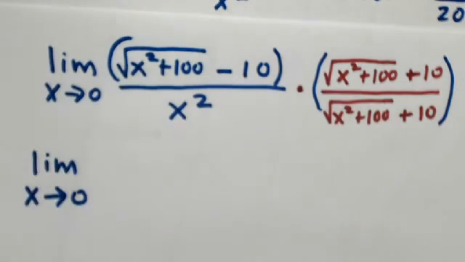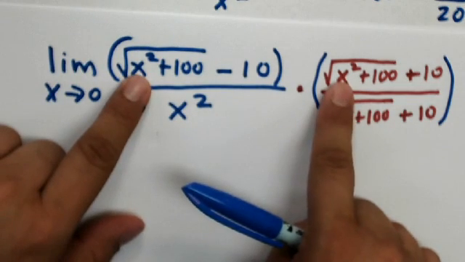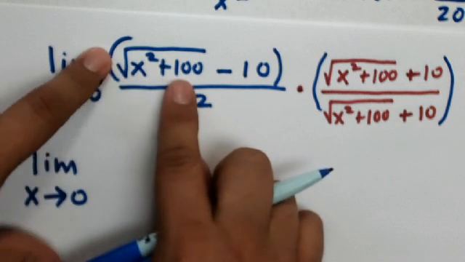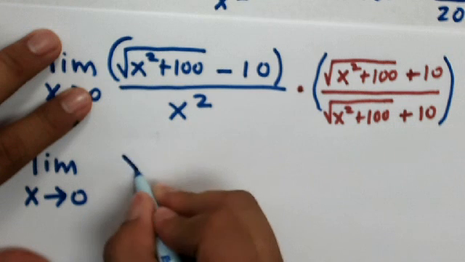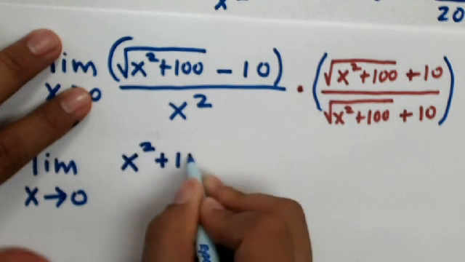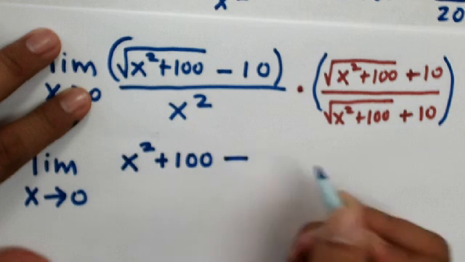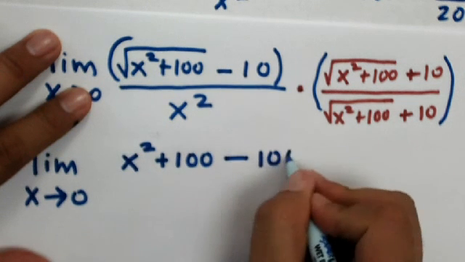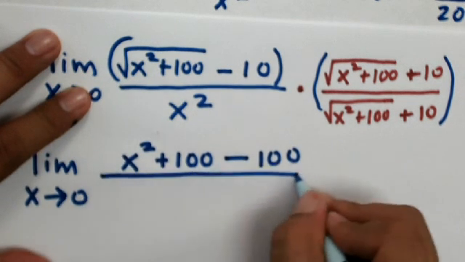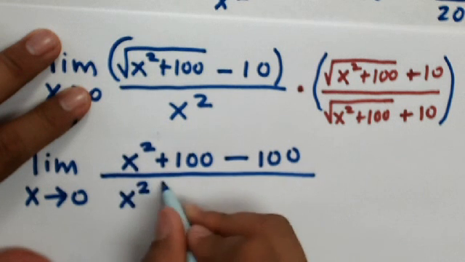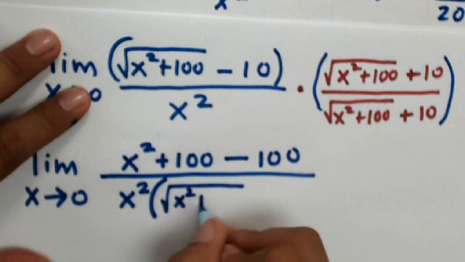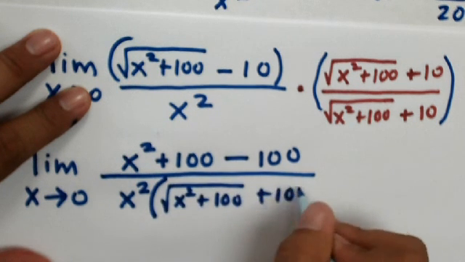So that would be the first quantity squared minus the second quantity squared. What's the first quantity squared? Square root of x squared plus 100 squared. That would simply be x squared plus 100 minus the second quantity squared. What's 10 squared? It's 100. All over x squared times the square root of x squared plus 100 plus 10.